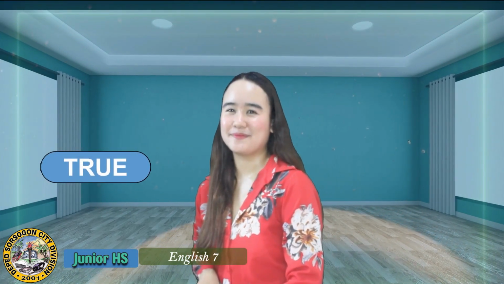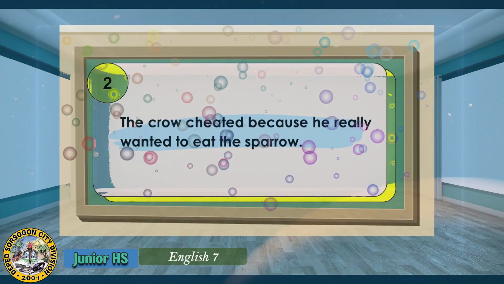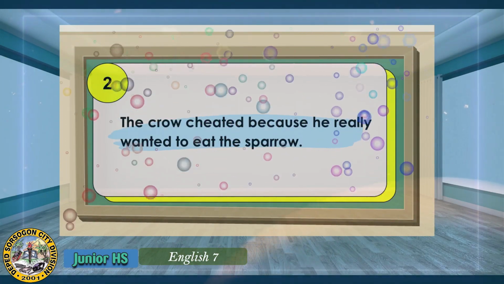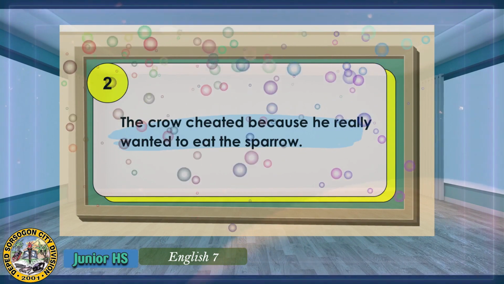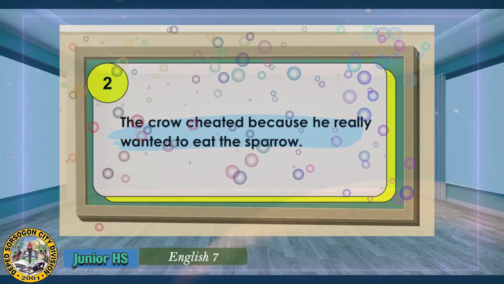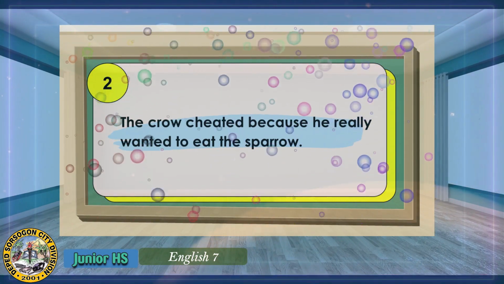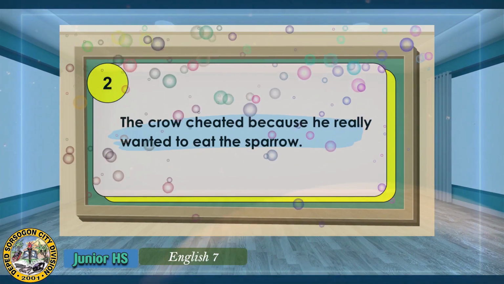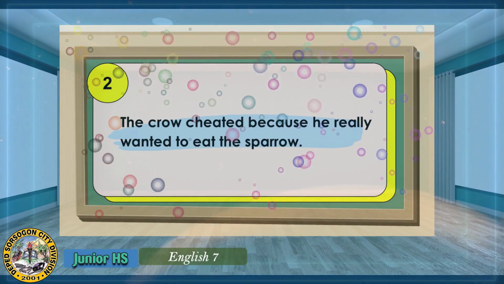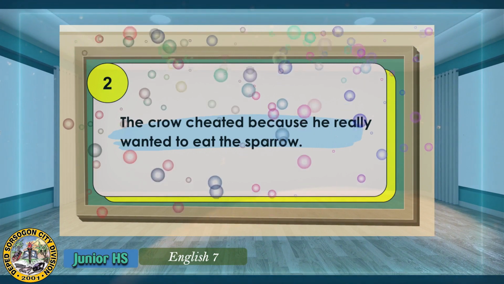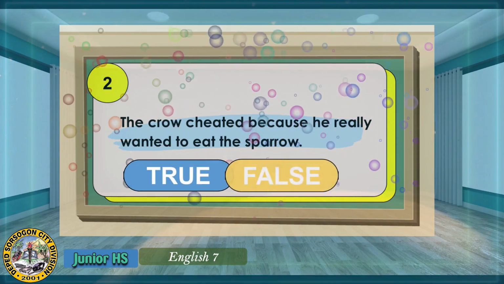True? Number 2. The crow cheated because he really wanted to eat the sparrow. Again, for number 2, the crow cheated because he really wanted to eat the sparrow. Is it true or false?